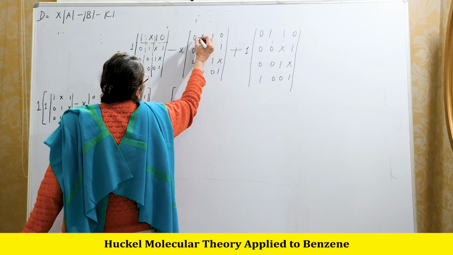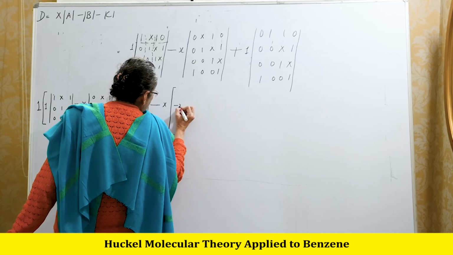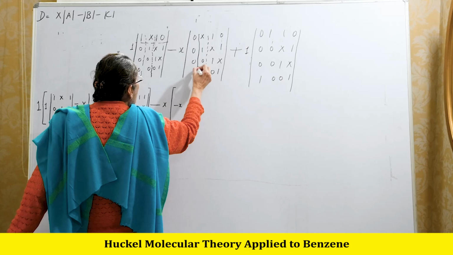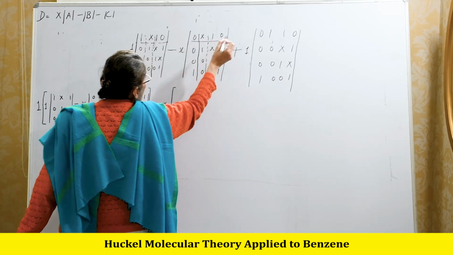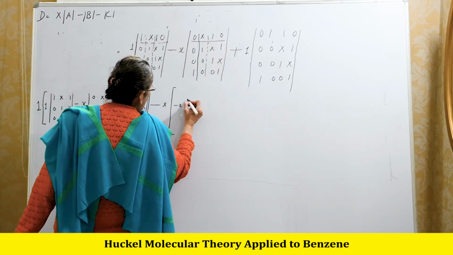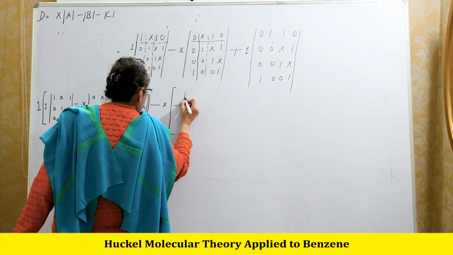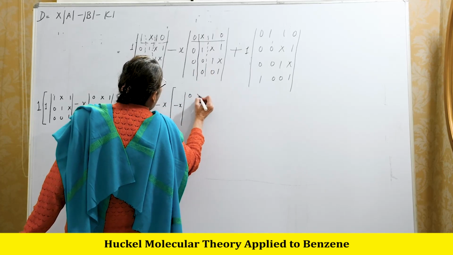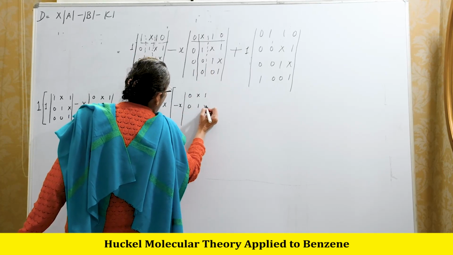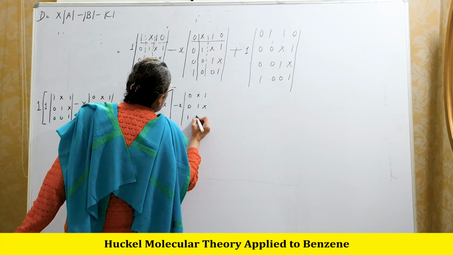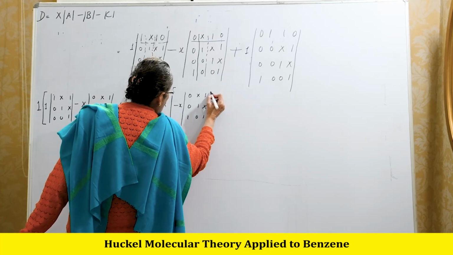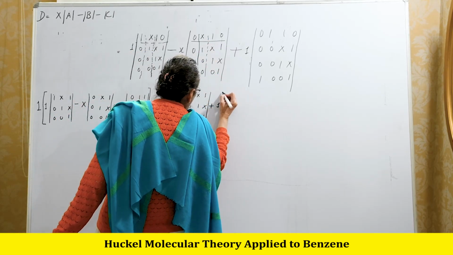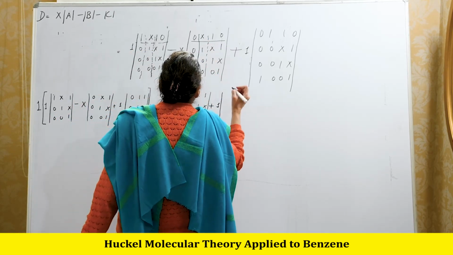So again, if I get, this is minus x. Now second, this is again minus x. Now this, ignore this row and column, then you get 0 x 1 0 1 x and 1 0 1, and this is plus 1, plus 1.